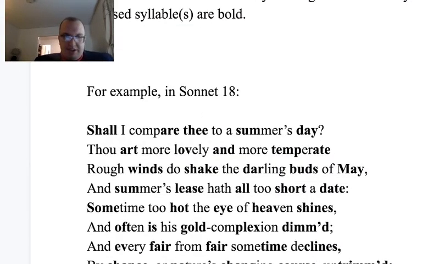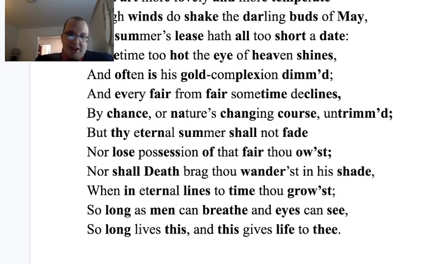So just take a look at Sonnet 18. We'll talk more about what these sonnets are discussing in a second. But we have day, May, temperate, date. You've got to stretch that one a little bit. Temperate, date, so that's our B sound.